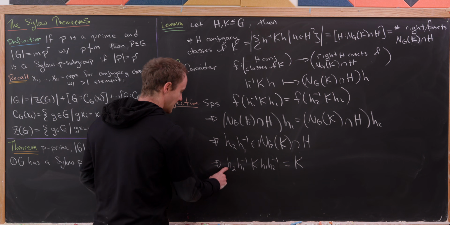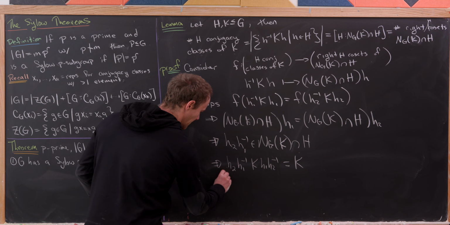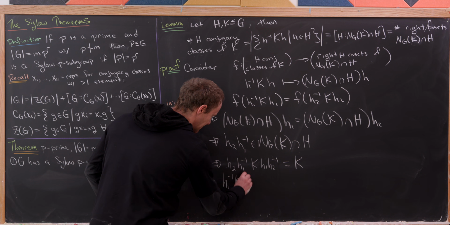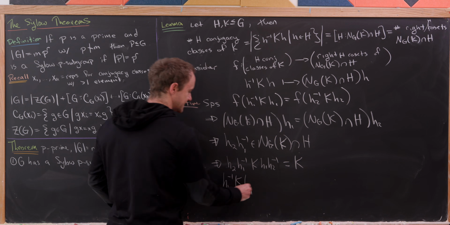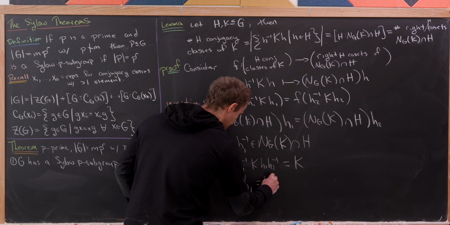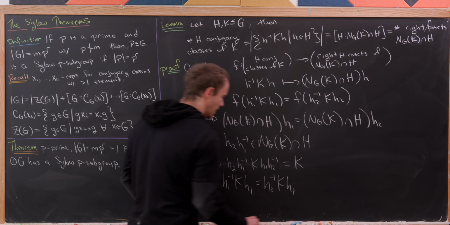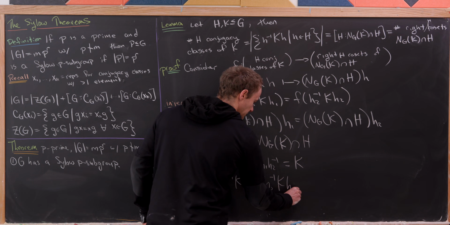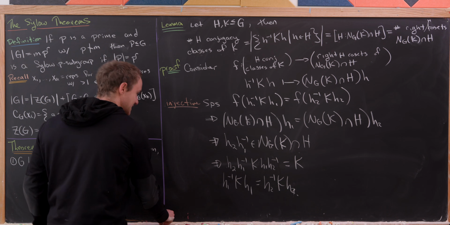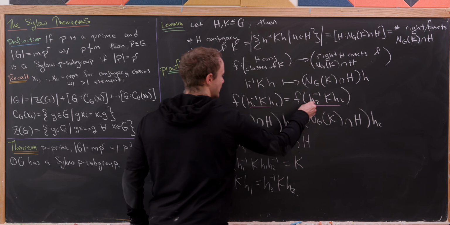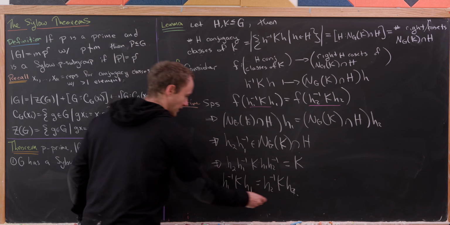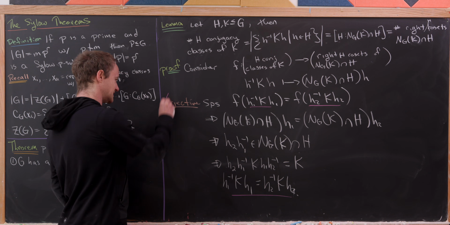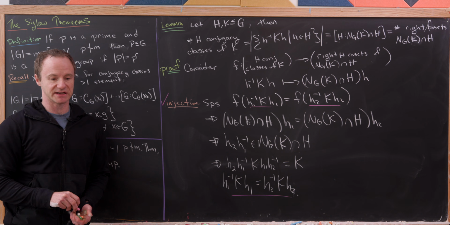We'll left multiply by h2 inverse and right multiply by h2. So that's going to clear everything on the left-hand side of the equation and give us h2 inverse k h1 on the right-hand side of the equation. Sorry, that should be h2. But check it out. That means that the two inputs that gave us the same output really had to be the same. But that's exactly what we need to show that this thing is injective.